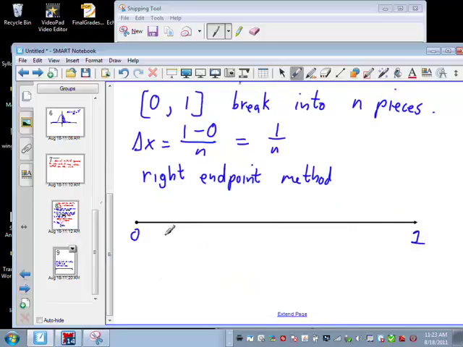So what is x1? What's the first one? So I'm going to break it into pieces. It's supposed to be all the same length, of length 1 over n.